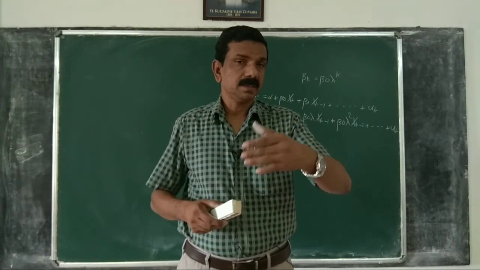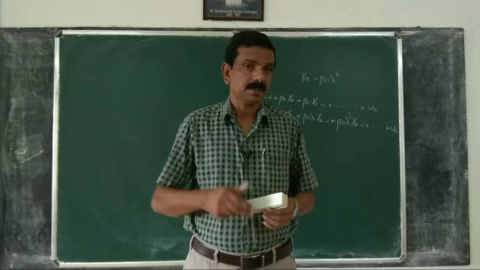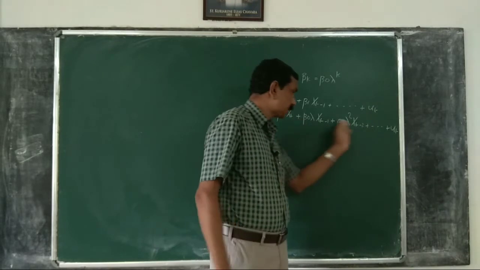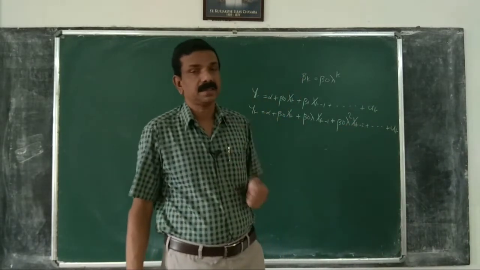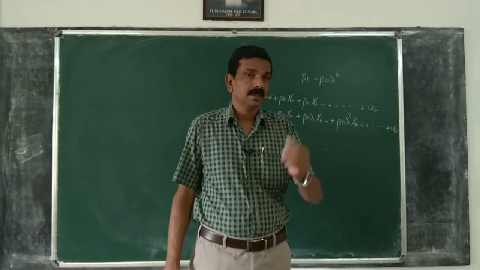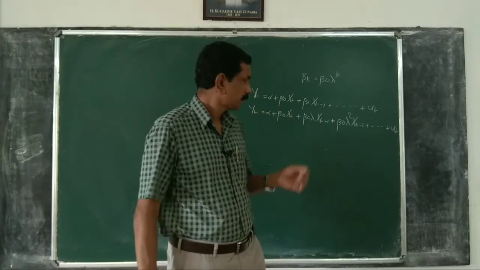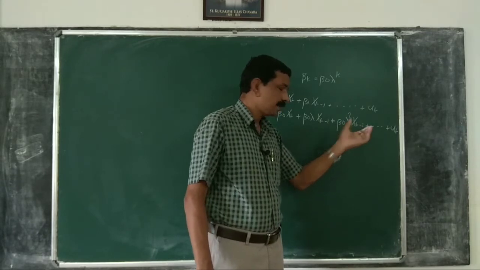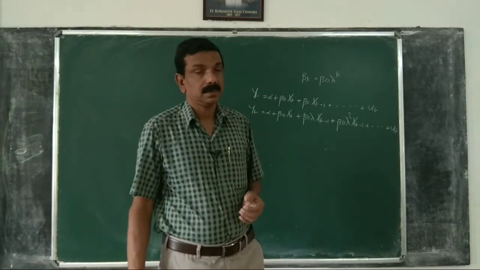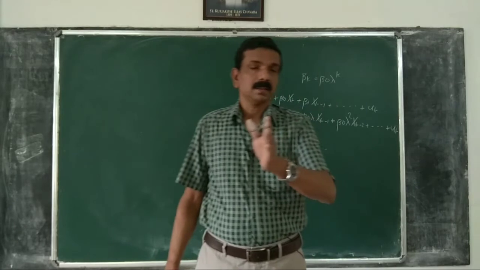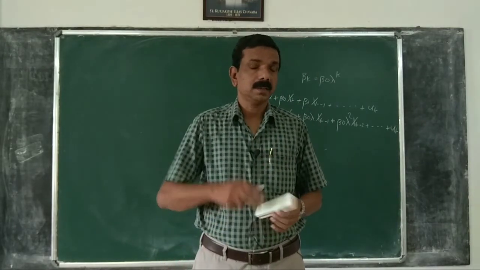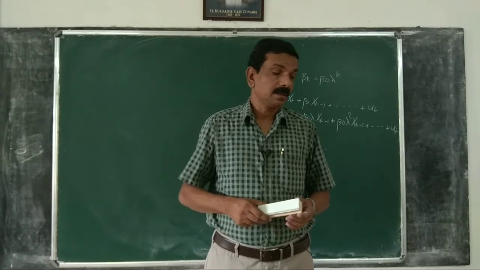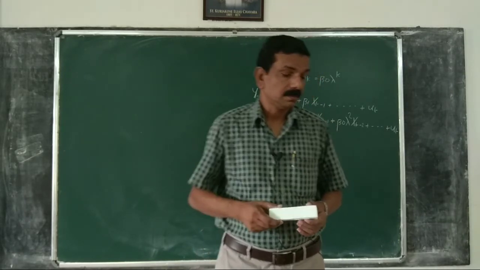The second one is that it violates a very important assumption of the classical regression model, namely linear in parameters. Beta 0 lambda square, then beta 0 lambda cube, etc. So it is not a linear in parameters model, it is a non-linear in parameters model. So we cannot estimate this model.